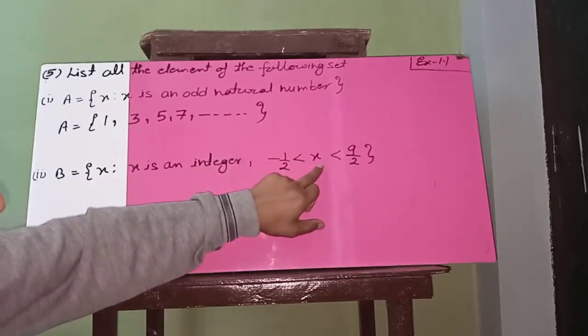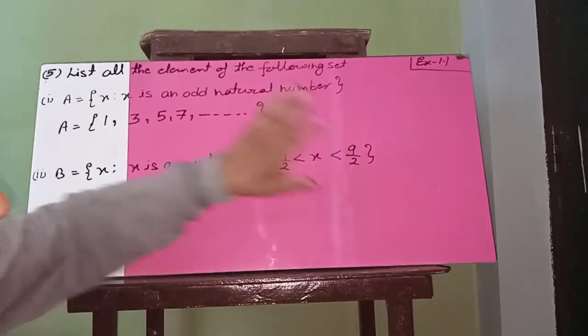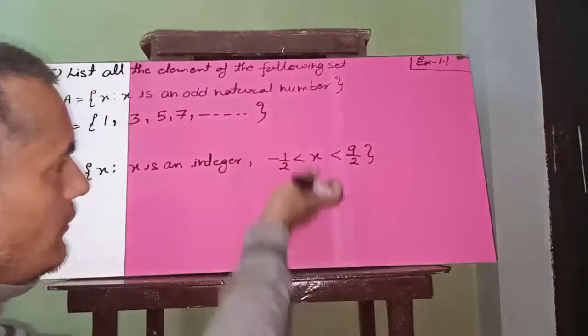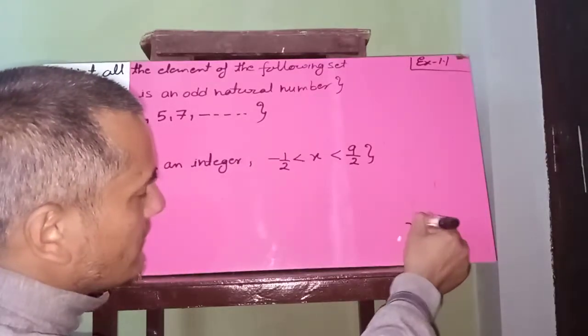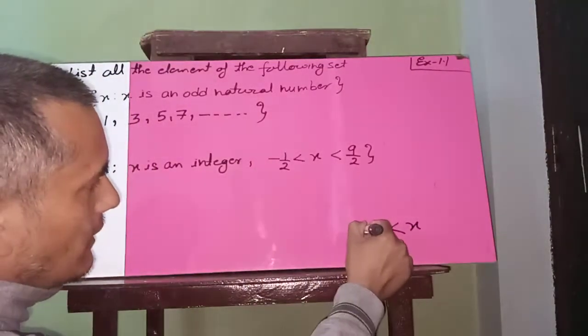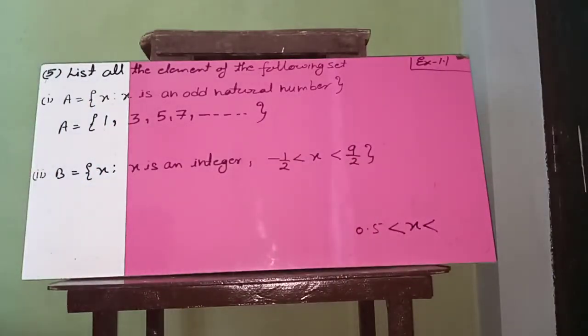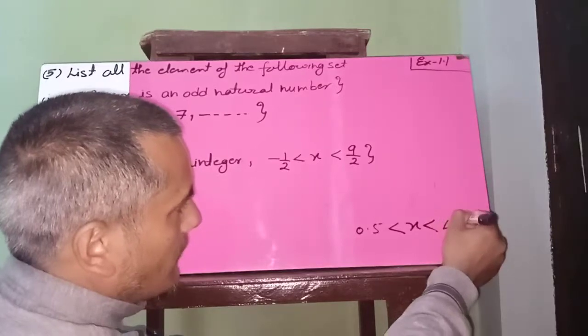Now the B part is x such that x is an integer, and what is the value of x? x is greater than -1/2 and less than 9/4. If we change to decimal form, x is greater than -0.5 and less than 4.5.